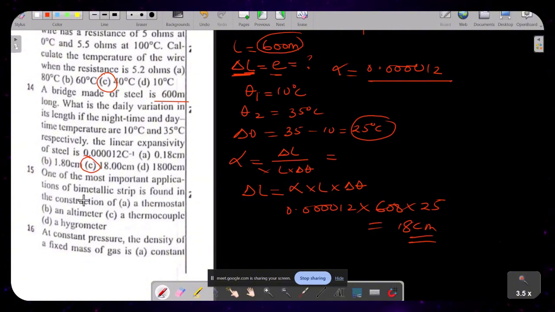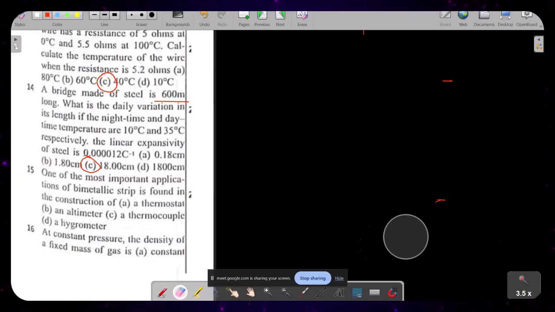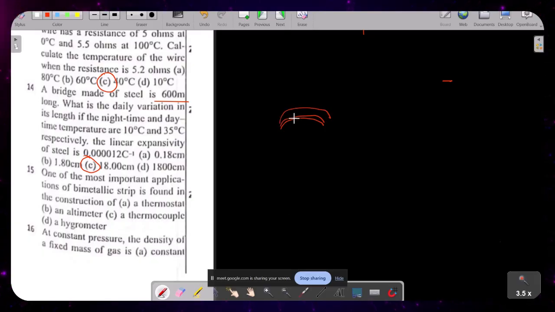A bimetallic strip is a kind of strip that uses two metals. One of them will expand more than the other. This is the first metal, and this is another metal on top of that first metal. The second metal will expand more than the first metal.